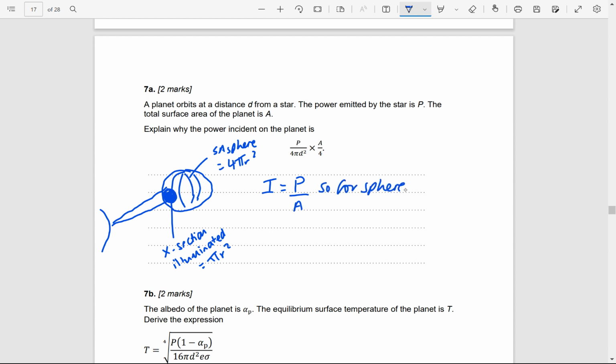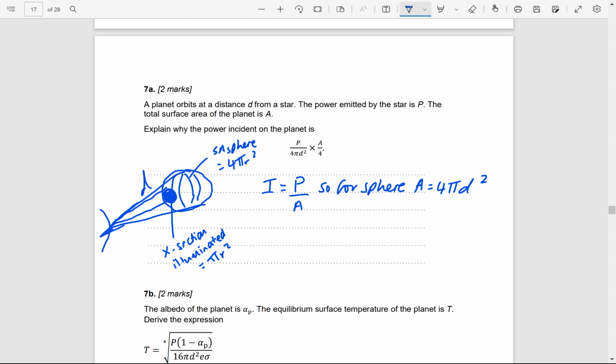So for a sphere, area equals 4 pi r squared, or d squared, because it will illuminate over this distance.